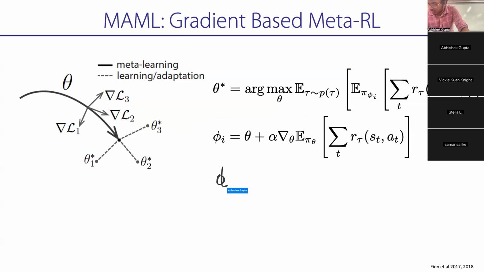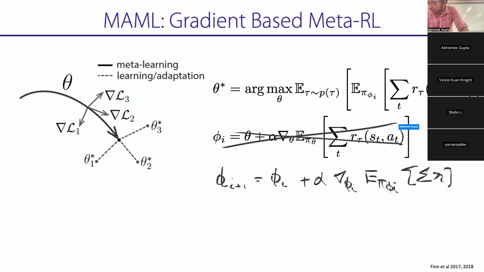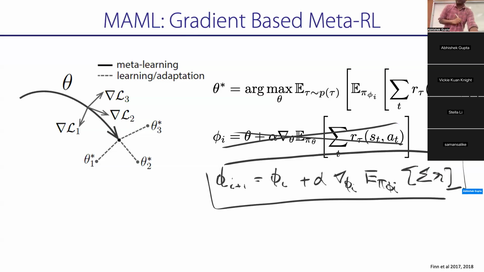It is phi i plus 1 is phi i plus alpha grad phi i, expectation under pi phi i, of the sum of rewards. So just forget about this. This is cleaner. This is my inner loop. What would I learn? There's nothing to learn. If you learn to scale the different dimensions of your gradient.